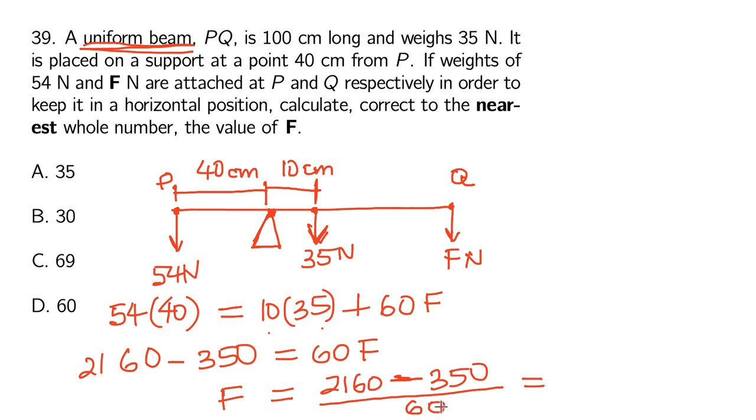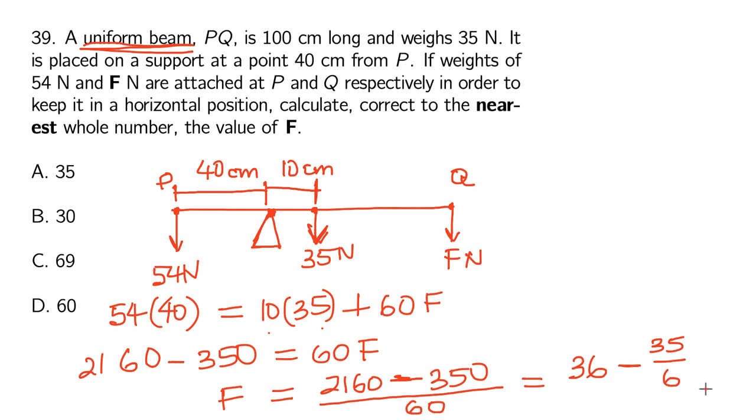The reason we are not scared to do that is that we can see that 216 is a multiple of 6. So ignoring the zeros, we divide 216 by 6, and what do we get? We get 36, and then we have minus 35 over 6.